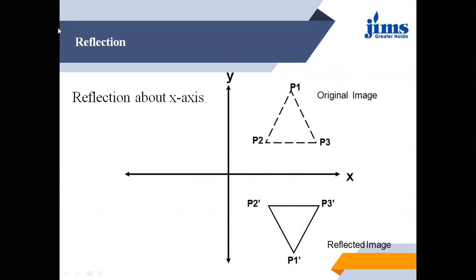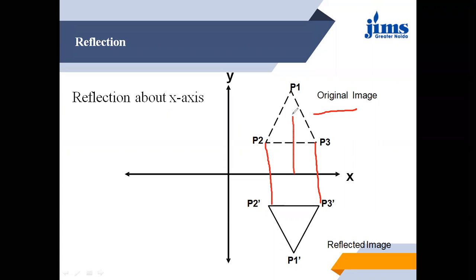So when we are going to reflect this, as I told you in the last slide, this is our original image. When we have to reflect it with respect to the x-axis, then you can see that this point will come at this point.